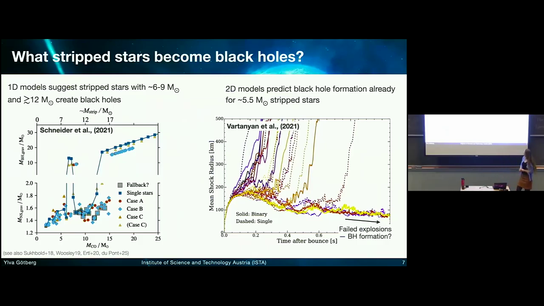And the ones that we have there actually are the strip stars with 5.5 and 6.5 solar mass, something like this. So I would say how I read this is that we're not yet super sure exactly what strip star is going to do what black hole, but they could make black holes. I think we're kind of agreeing on that could happen.